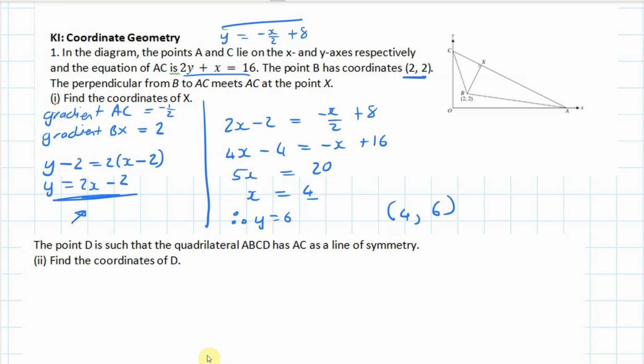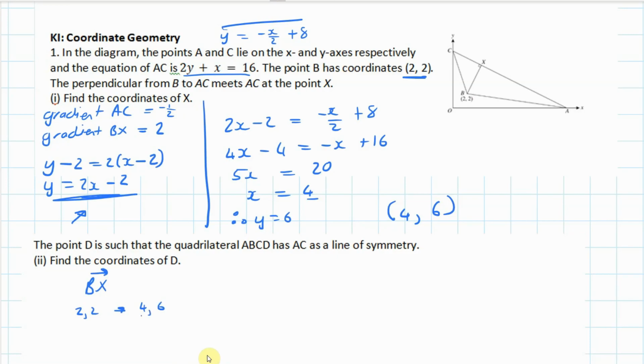The point D is such that the quadrilateral ABCD has AC as a line of symmetry. So it's some kind of kite, I guess. And we've got to find the coordinates of D. Well, the way I think of this is, BX, we've gone from 2, 2 to X, which is 4, 6.